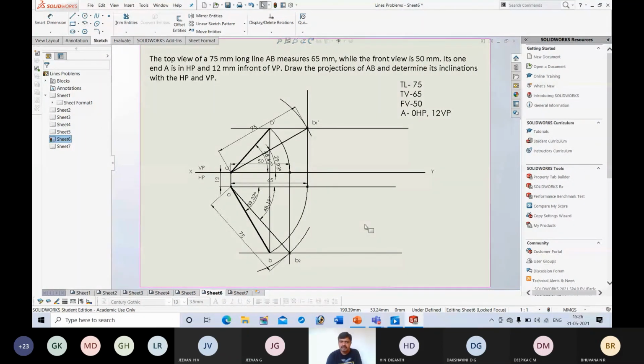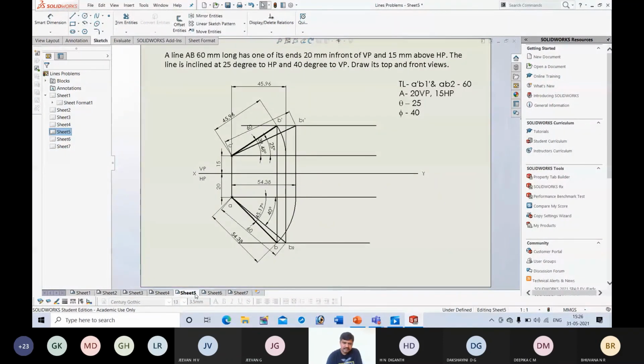If you are rotating front view and making it parallel to XY line, and if you project it on the opposite plane, you are getting true length. If you are rotating the top view and you are making the top view parallel to XY line, on the opposite plane you are getting the true length. Okay, so this is the concept.